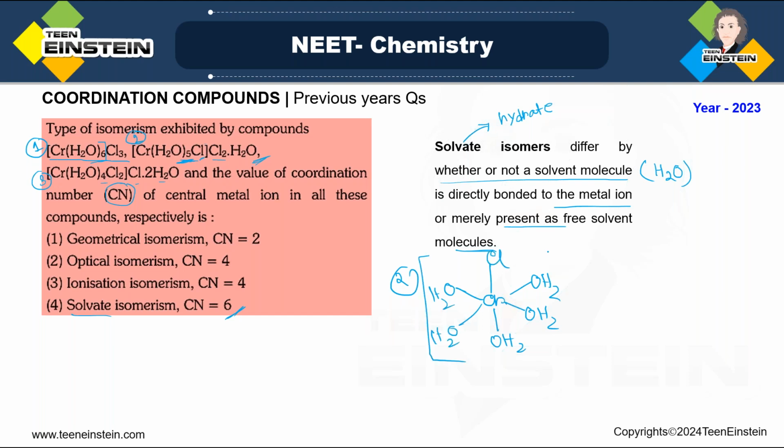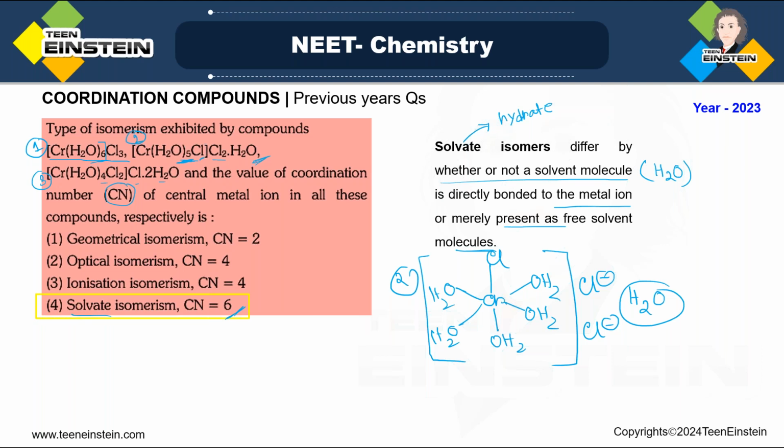Now bracket closed, that is within the coordination sphere, all we have is this. Outside we have 2 chloride ions and 1 water molecule. So this is a free water molecule, so free solvent. So these three are isomers, they are basically related to each other by solvate isomerism. So that is why this will be the correct option.